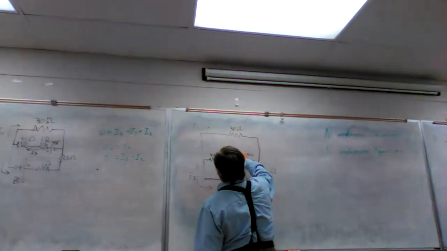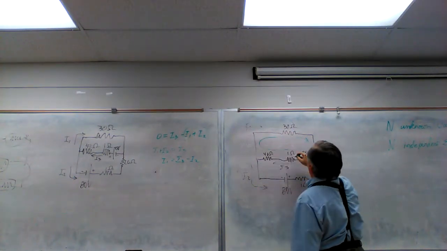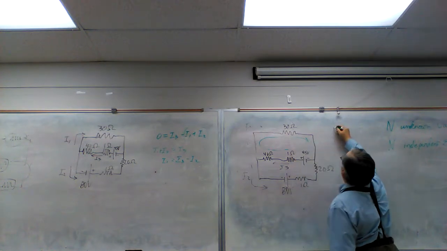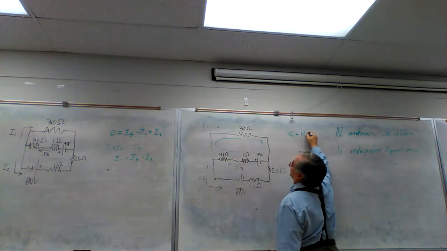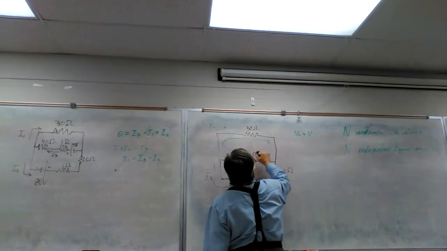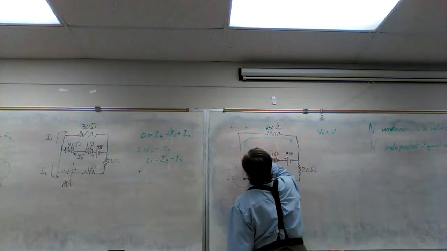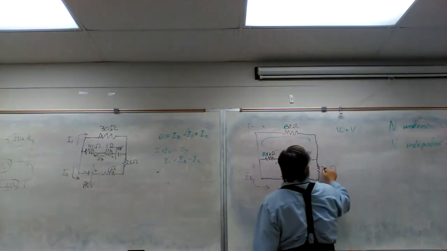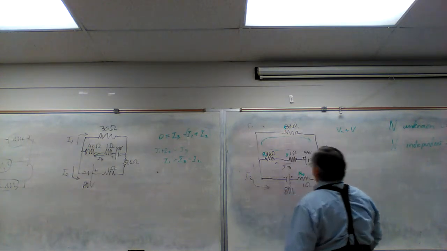So if we look at this loop here, then we know that the voltage across R1 plus the voltage across, let me label these, R1, R2, R3, R4, R5.